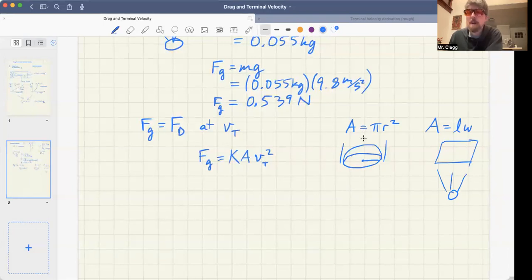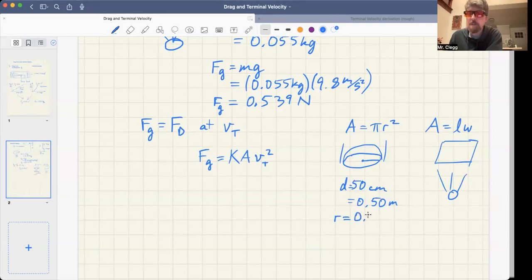Okay, so I measured my parachute and it came out to be 50 centimeters. And that's equal to 0.50 meters. So that means that my radius is half of that, 0.25 meters. And so I'm going to say that my area is equal to pi r squared.